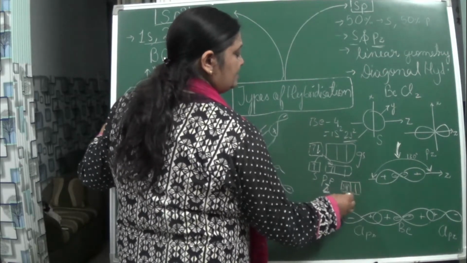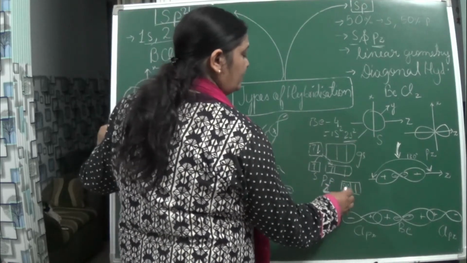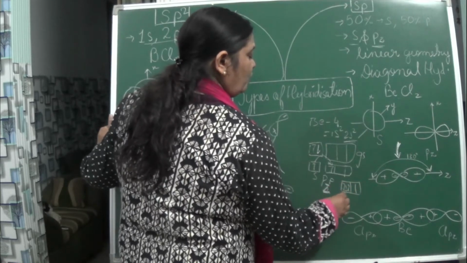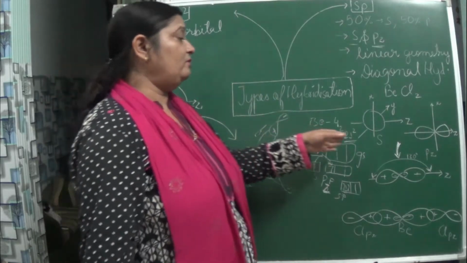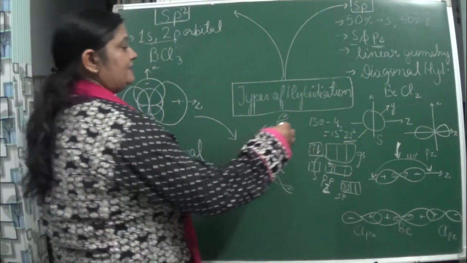S and P hybridized, having one electron each, and as the result you get SP hybridization.